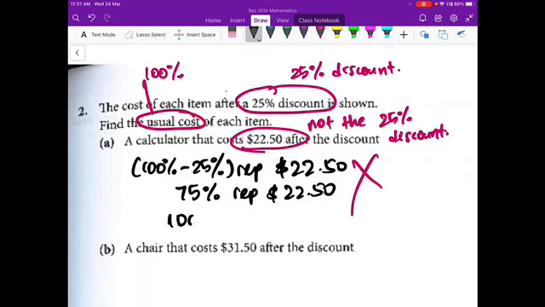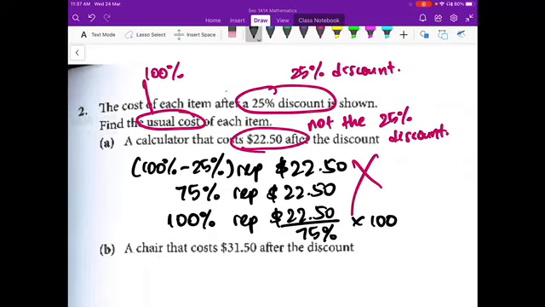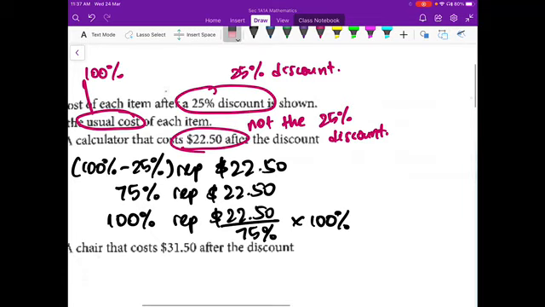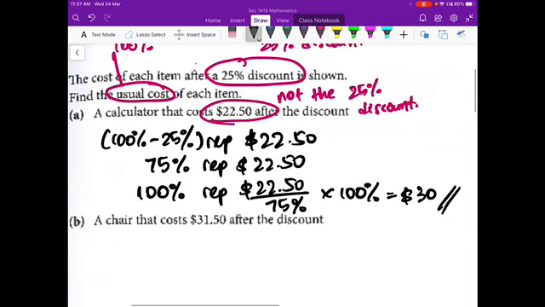Now we want 100%. 100% represents 22.50 over 75%, and you multiply by 100%. And how much does that give us? Confirm? $30. So this is the original price.